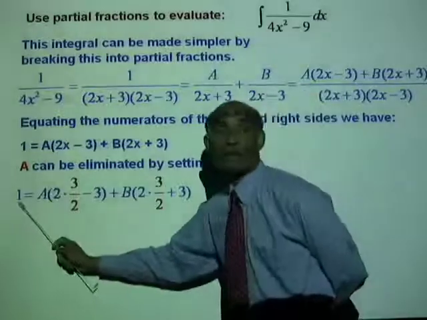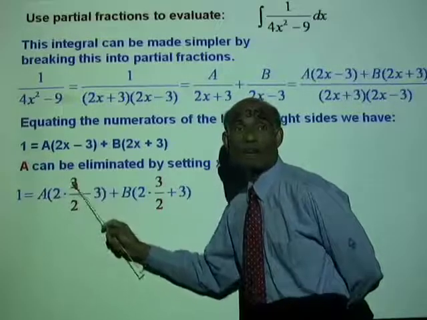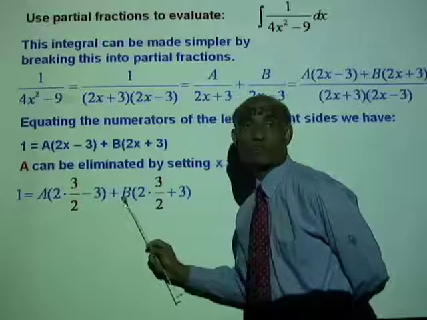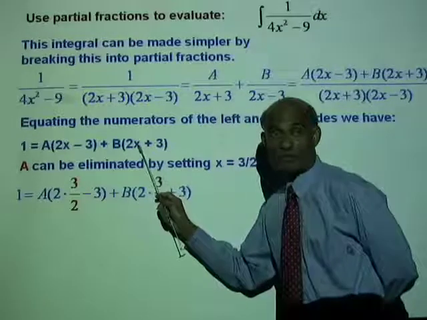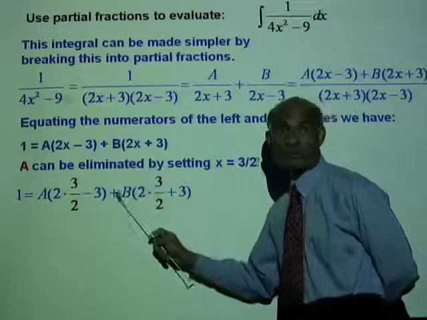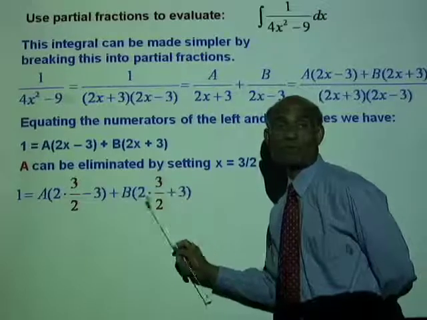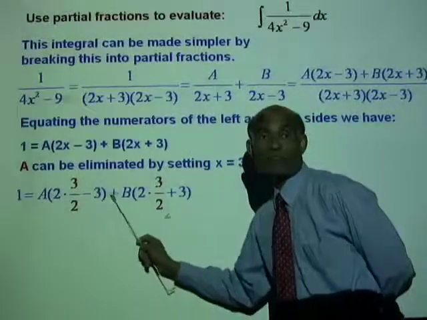So, we get 1 equal to A times (2 times 3 over 2 minus 3) plus B times, remember every x needs to be replaced by whatever we choose, so that will be B times (2 times 3 over 2 plus 3), and that will eliminate this.